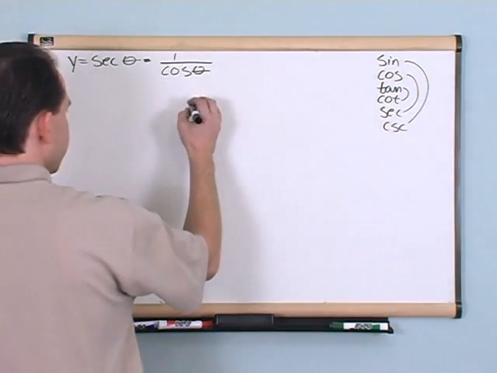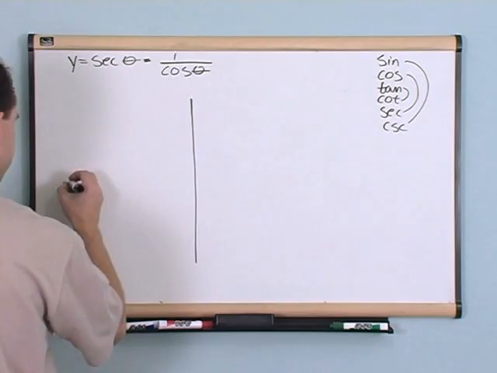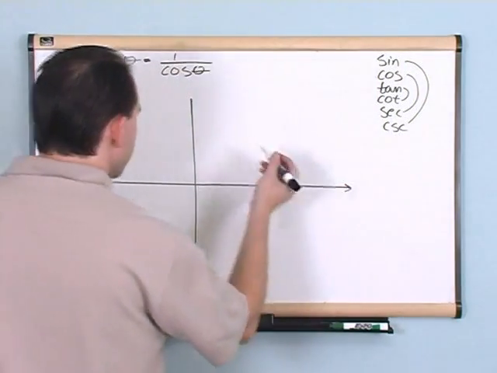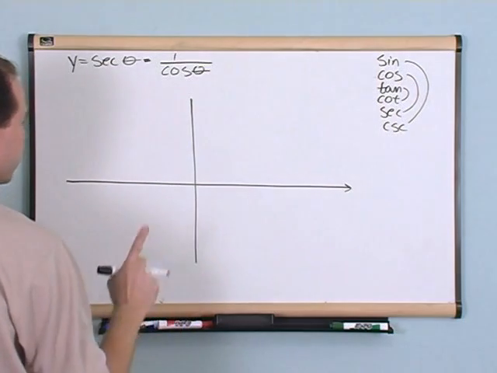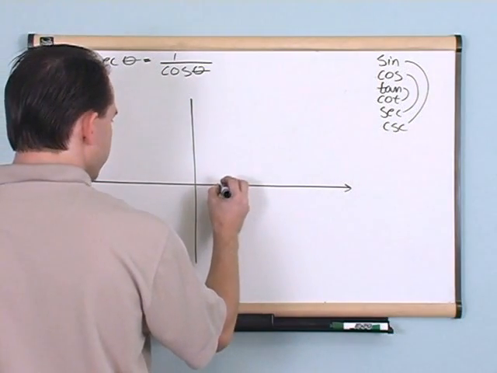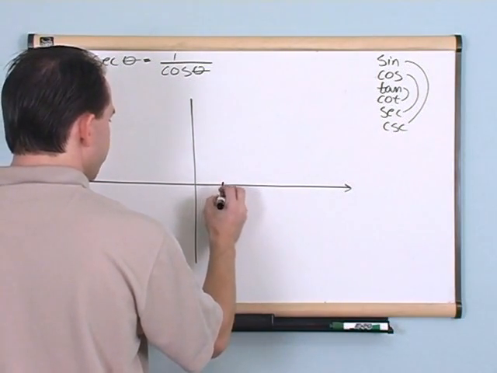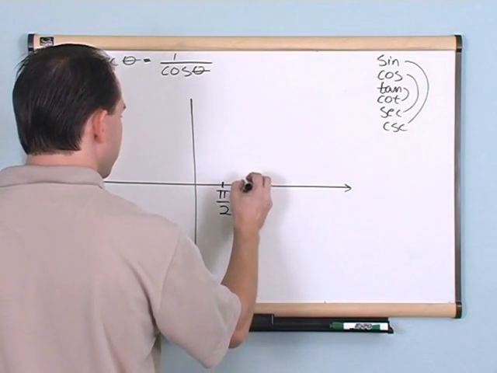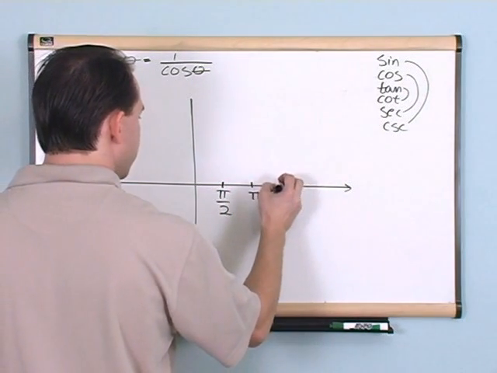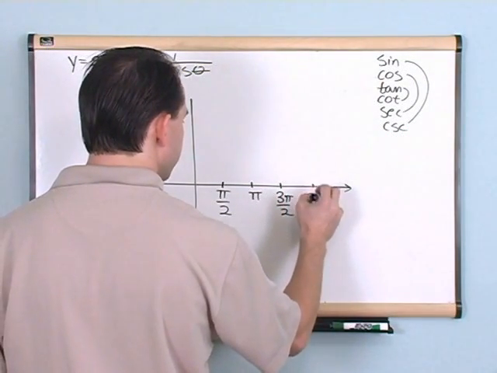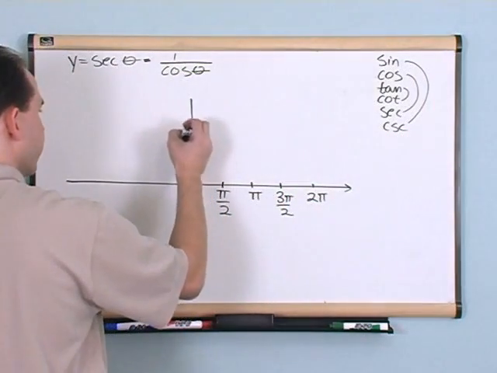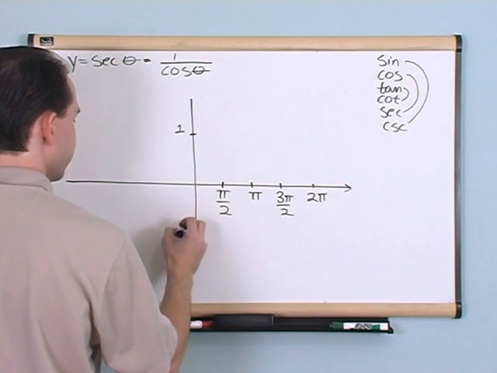So let me show you how to plot that. I'll show you what I think is really the easiest way to plot these things. First thing you do is plot what you know as a reference only, the cosine function. Well, we already did that. Here's pi over 2. Here's pi. Here's 3 pi over 2. And here's 2 pi. And of course here's 1 and here's minus 1.